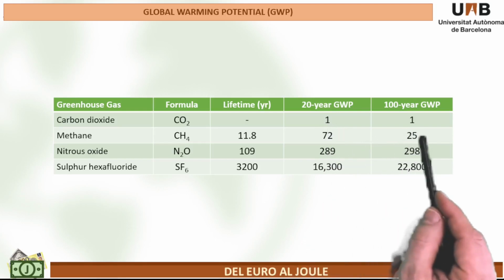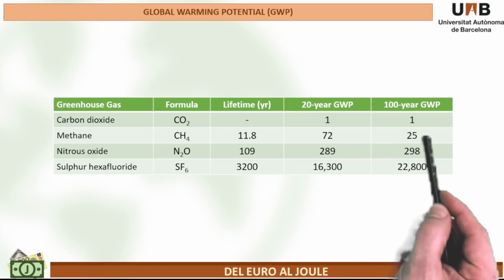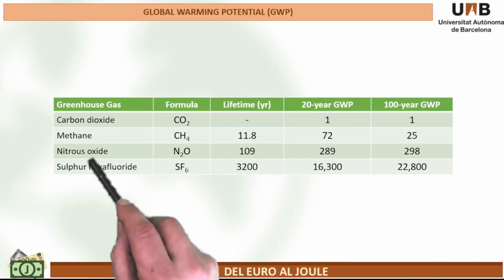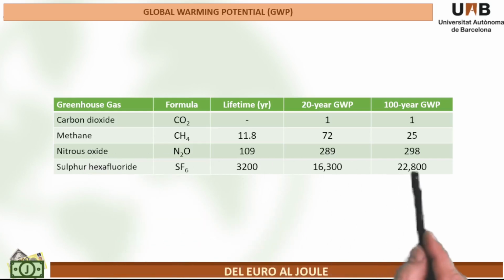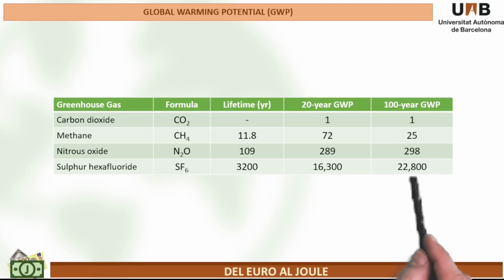And if we do it at 100 years, due to the large persistence of CO2 and the lower persistence of CH4, it's like CH4 has a warming potential of only 25. Look that there are other molecules that have a very high warming potential, like 300 or almost 23,000 times that of CO2.